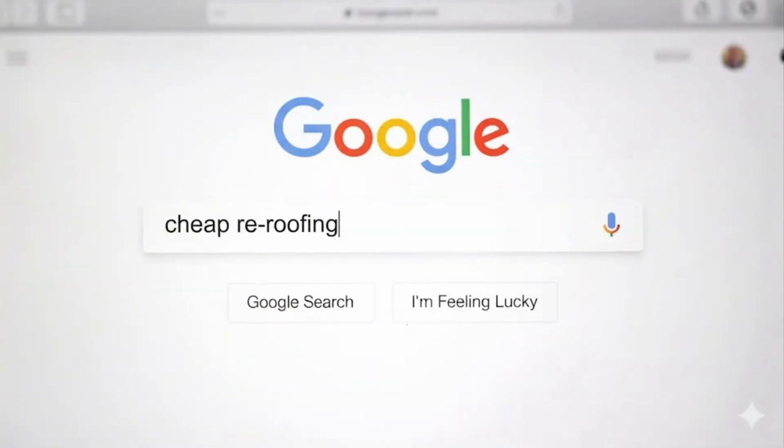So based on the query, based on the words that the person typed into the search engine, you can tell already that this person is very price conscious or price sensitive, right? So the person is trying to figure out immediately what is the price or the cost of the re-roofing project.